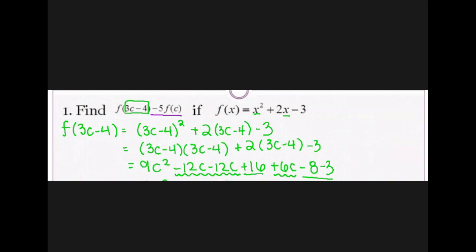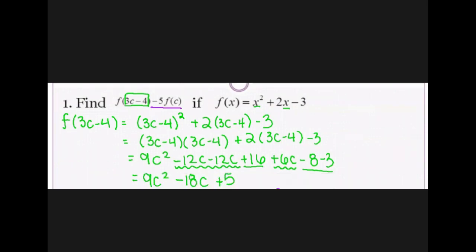And then after you combine like terms, you get 9c squared minus 18c plus 5. So that represents the first part of our function. The second part of your function is subtracting 5c.